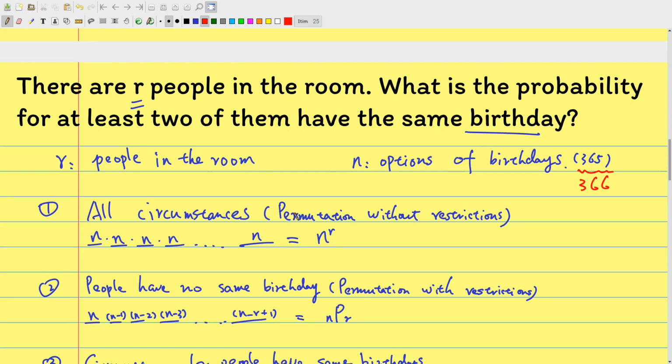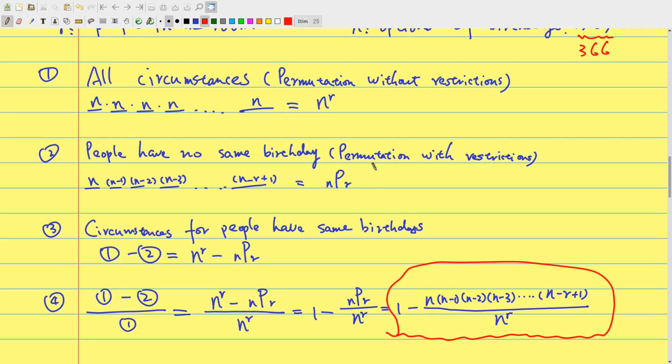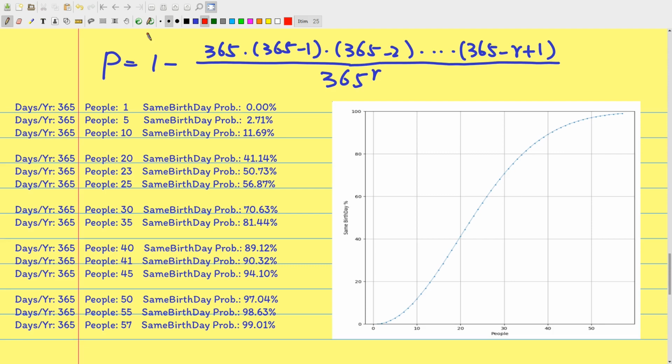All right. This formula is not straightforward, so we need a picture or something to give us a sense, so we can see it more clearly. This is the formula we get, because we know that n is 365, and r is the number of people in this room, which can be any number.